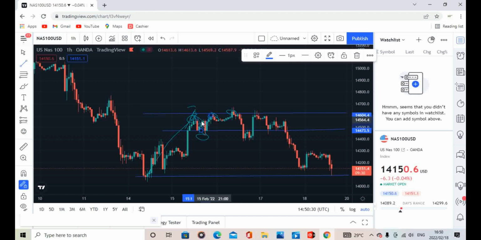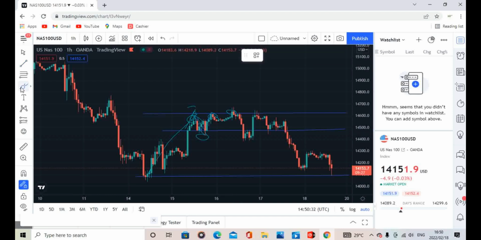Let me take the brush, because this one is not giving me justice. As you can see, it went down and reached the level of support, and this is the beginning of the level of support. It reached this place and then went up. Then it moved like that and went down, still the very same level.